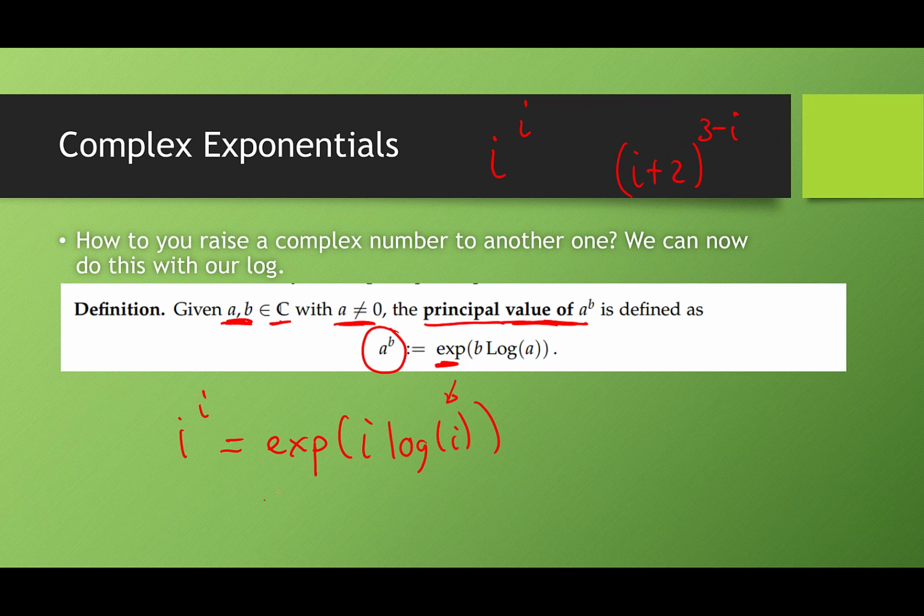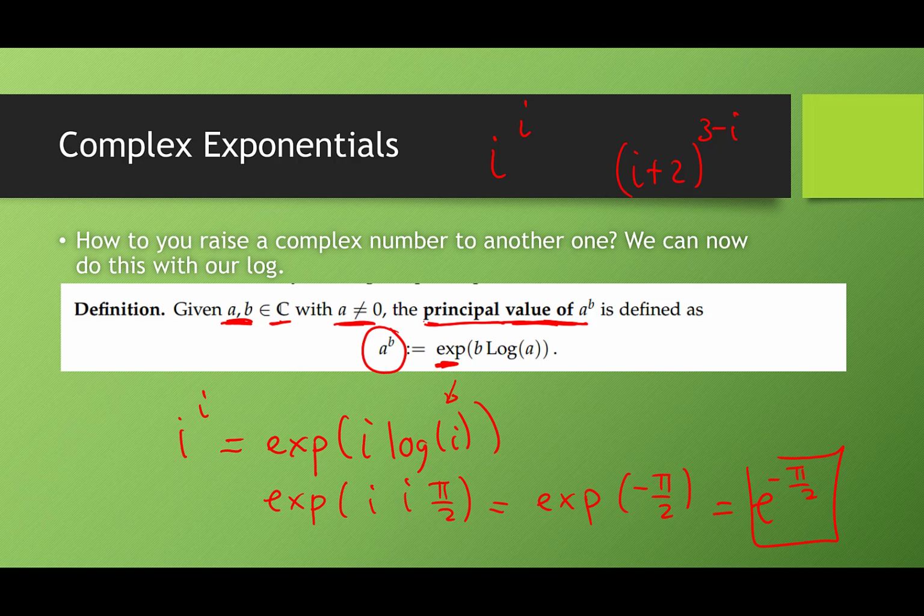So this is going to be exp of i times i pi over 2, which is exp of negative pi over 2, which is equal to just e to the negative pi over 2. Boom. So this is how we take complex numbers raised to complex numbers. We use our exp function that we defined and our principal log as well.